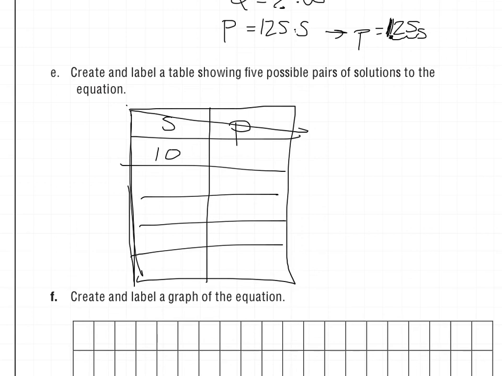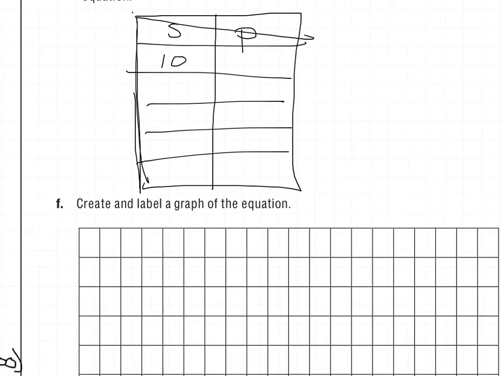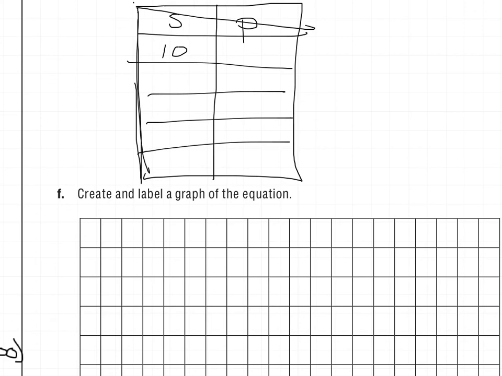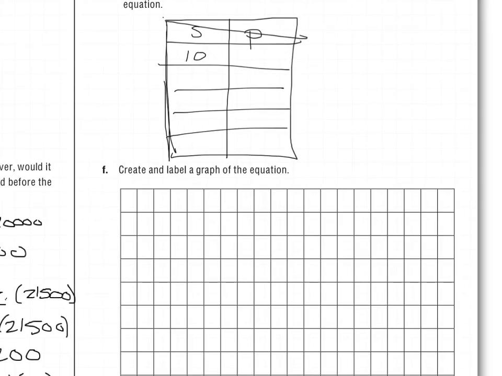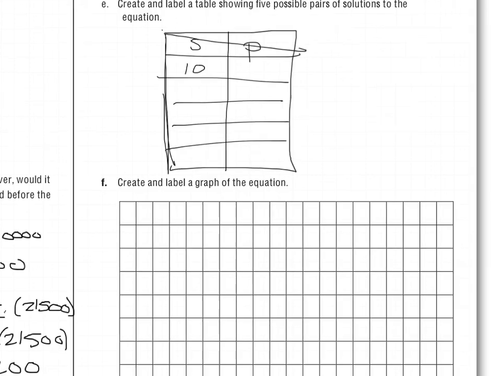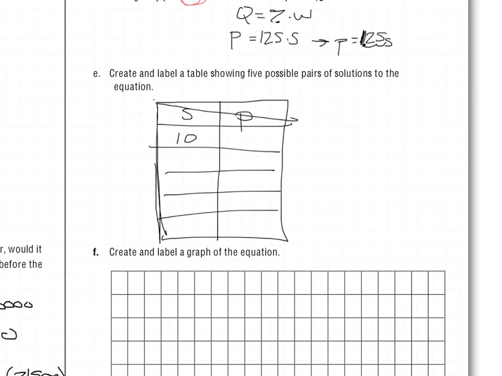All right. I can see that it's going to ask me to graph the equation, so maybe I want to pick some values that are going to be a little bit easier to graph. So maybe picking smaller numbers and numbers that are closely together is going to be easiest. So I'm going to pick 10, 8, 6, 4, and 2. And I'm going to plug each of those in.